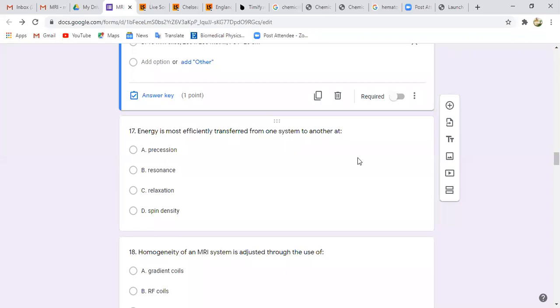Okay, I went for resonance too. Why did you say resonance? Why is it not relaxation? Well, I think relaxation is when they are dephasing. And when they resonate, they give the highest signal. That was the reason why I went for resonance.